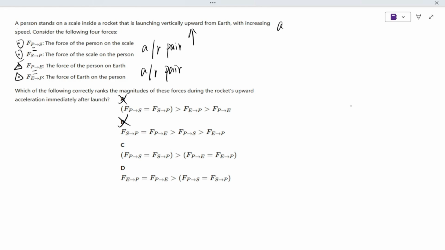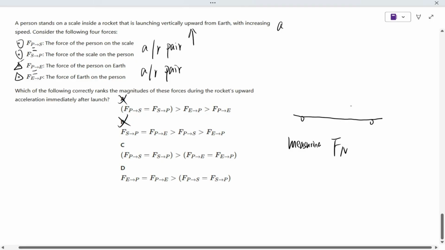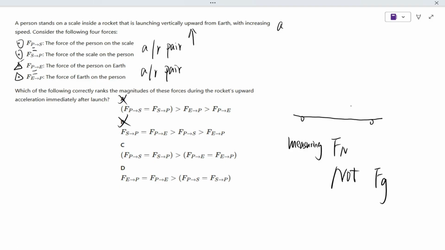But one thing you have to remember is that the scale is actually measuring your normal force, not your gravitational force. In the physics world, we call it your true weight.